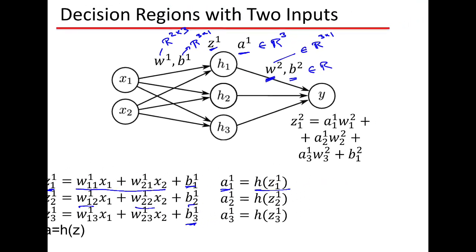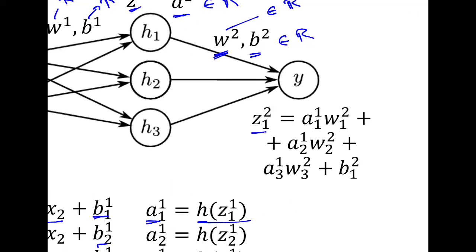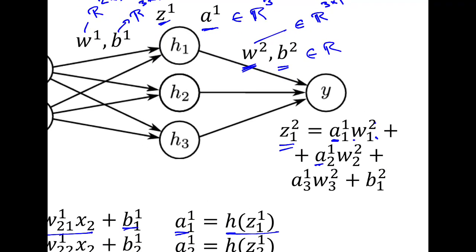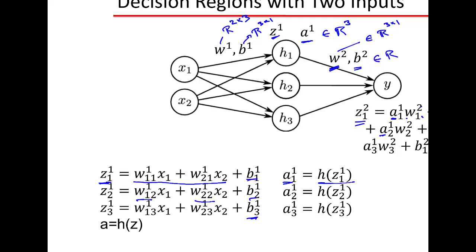Okay. And in the last layer, we again get z, before the activation is applied, which will be given by a1, the output of the hidden layer, times w21, the first weight, and a2 times w22, and so on. This is clear?